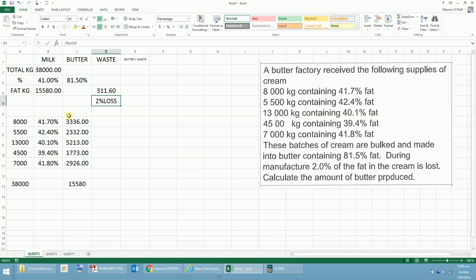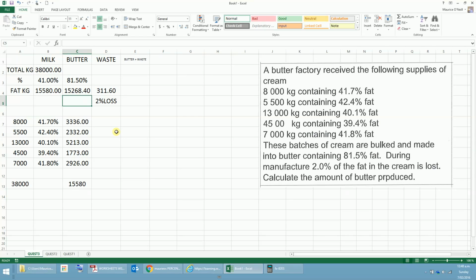Which gives you 311.60 kgs. Okay, so that means here, once we've worked out the loss, we can work out how much we've got. So it's just plus that minus that. Okay, now that there represents 15268.40.